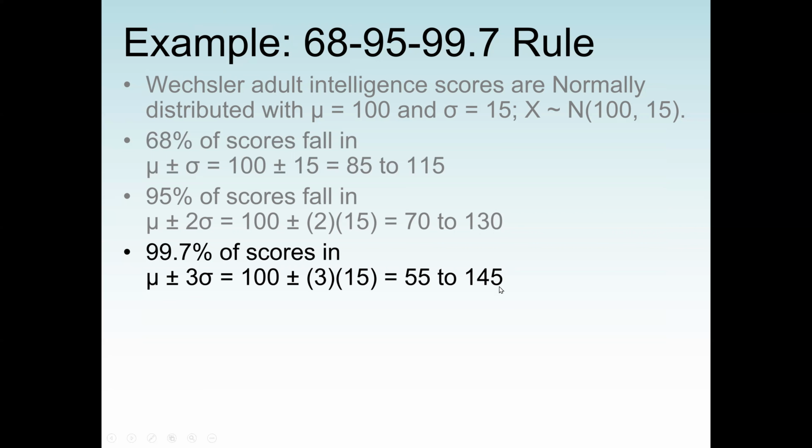And this is the graph. So we have 95% of the distribution from 70 to 130, and the remaining 5% is 2.5% in the right tail and 2.5% in the left tail.